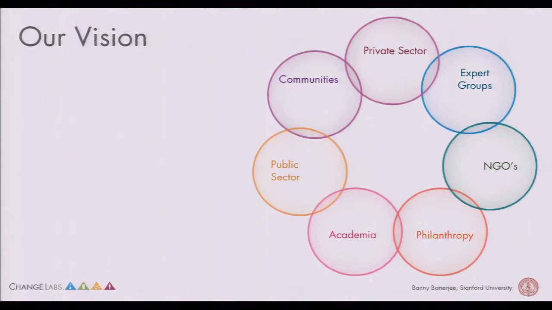And so essentially what we are doing is we are speaking to people in each of these sectors. Within academia, all the disciplinary members, we're speaking to the public sector, to the NGOs, philanthropy, communities like civic communities and digital communities, etc., the private sector and special experts, etc.